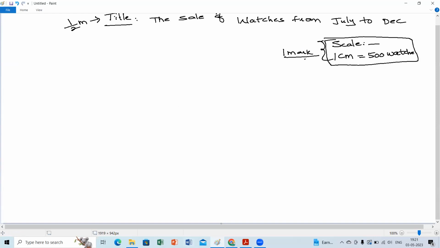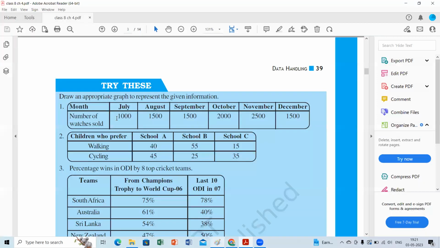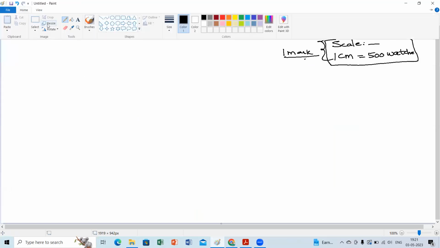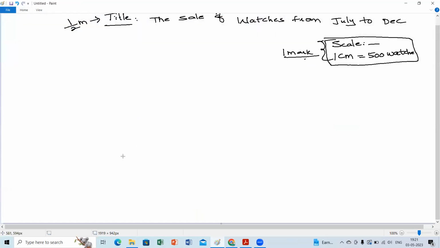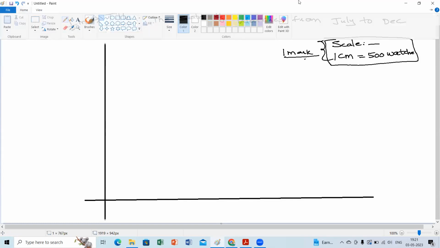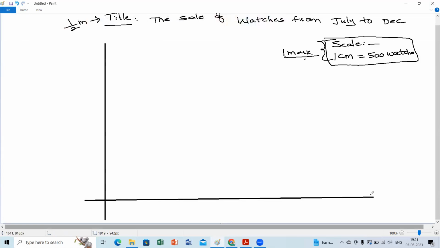Next, to draw an appropriate graph, first you have to take an x-axis. Is the x-axis a horizontal or vertical line? Yes, the x-axis is a horizontal line.